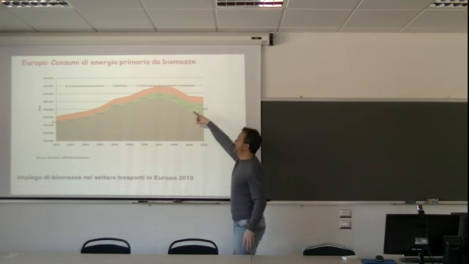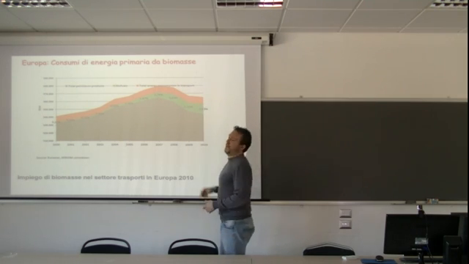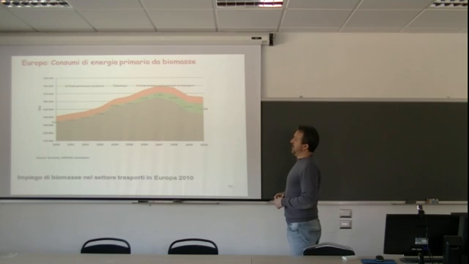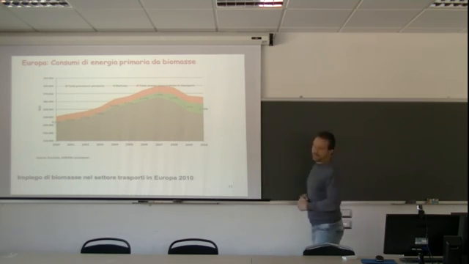But here you can see a decrease. That, of course, is the period when the crisis in Italy, in Europe, and not only, started in 2008, 2009, and you can see that the crisis means a decrease of energy requirements.